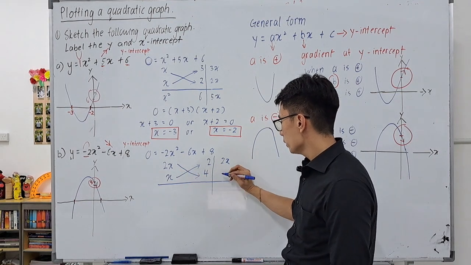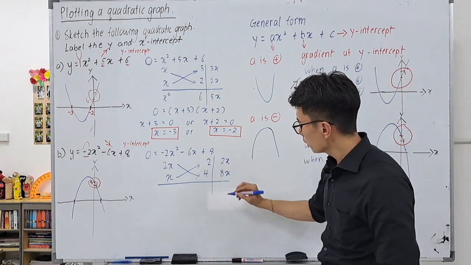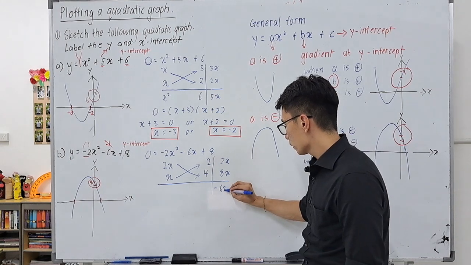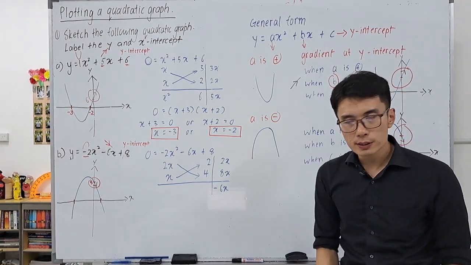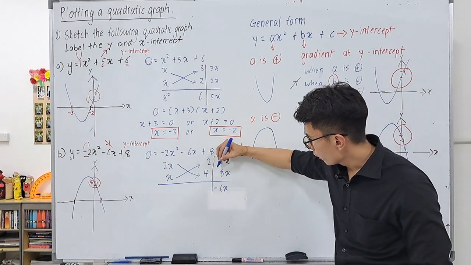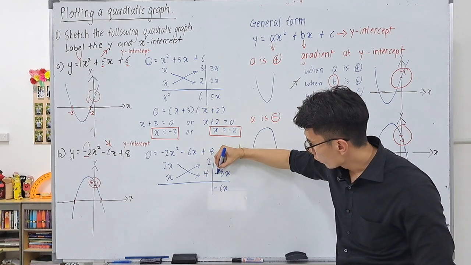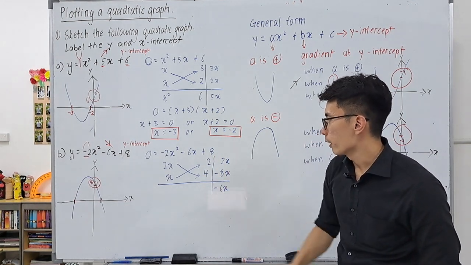This multiplied with this will give me 8x. And the value I'm interested in is negative 6x. Now what should I do with these numbers to make this -6? I should put the negative sign over here, correct? Because 2 minus 8 will give me -6.